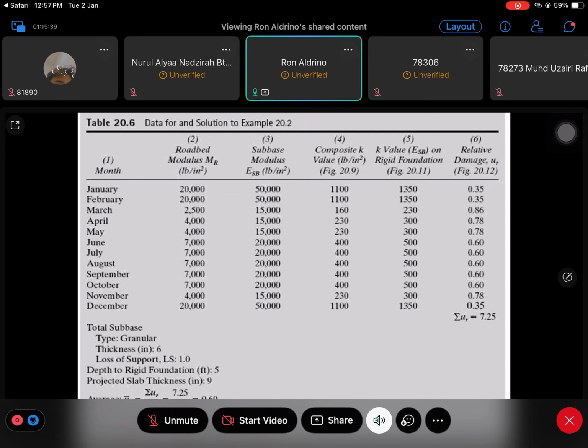Nobody? Any reason why there is a difference between these? Anyone? Not the thickness. First question is, where do you get the roadbed modulus and also the subbase modulus? From where do you get the value?